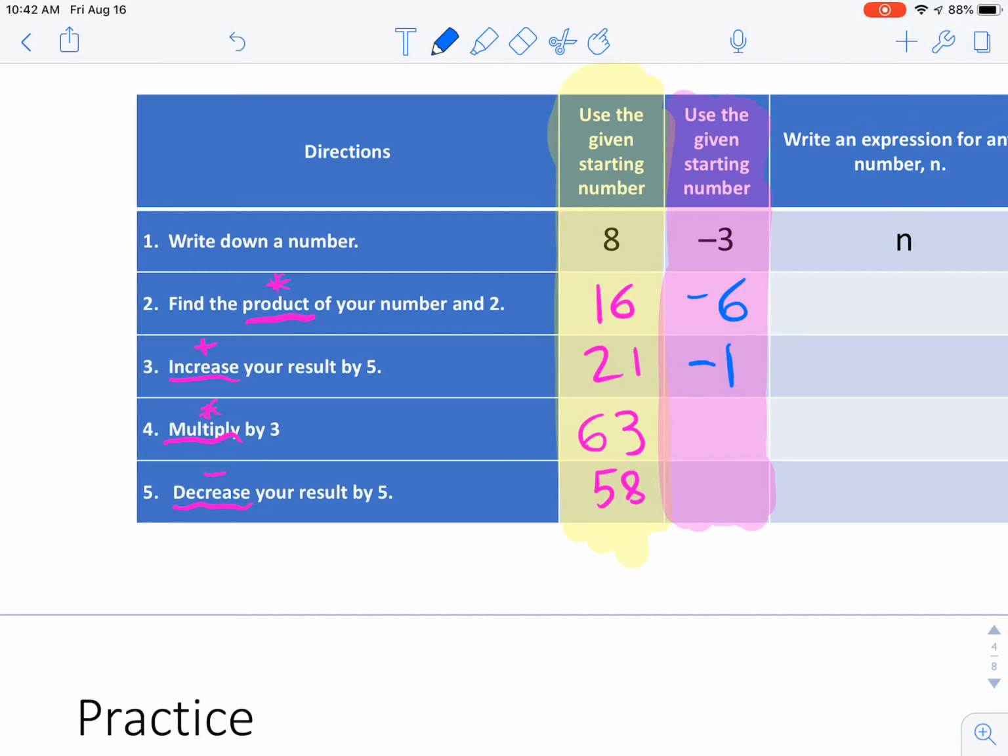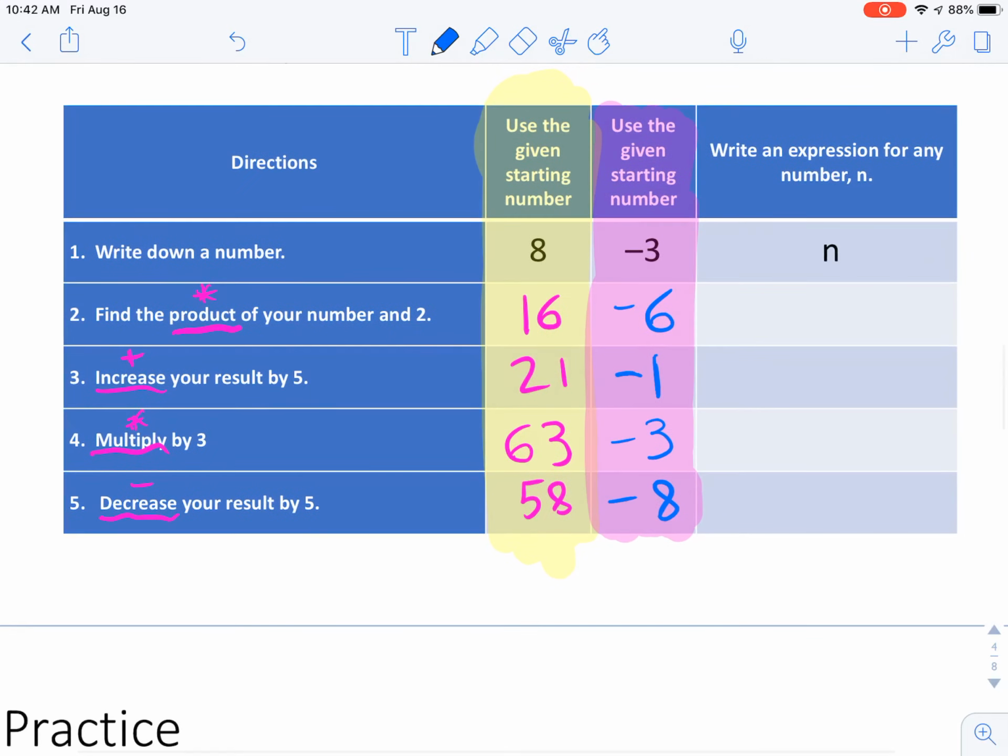Then we're going to multiply that -1 by 3 to get -3. And then we're going to decrease that result by 5, meaning subtract 5, to get -8. And now we're done with the second column.